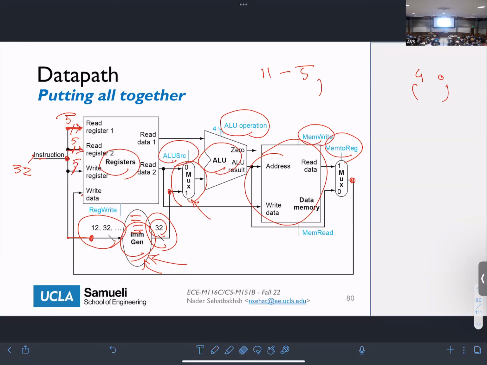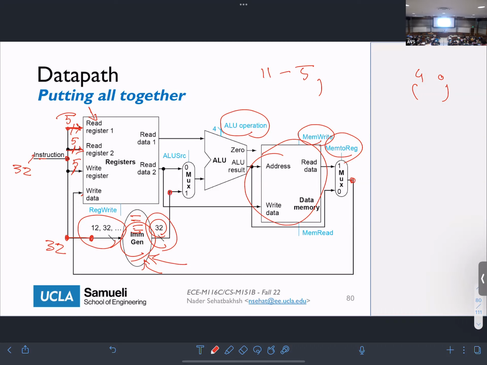To navigate through this so far, we have the 32-bit instruction. We divide it into 5, 5, 5, and it goes into our register file here. In order to know which of those 5 bits need to go to RS1 and RS2, we have to go back and look at our table. In addition, we have the immediates: the 32-bit instruction goes to this immediate generator, and it does the wiring for us depending on the instruction.